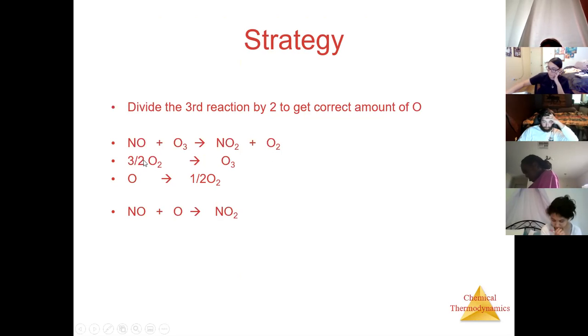I have 3 halves O2 on the left. I have got my problem solved. So all I have to do is find my entropy of my first reaction, second reaction, and third reaction. Add them up. I will have my entropy of this overall reaction.